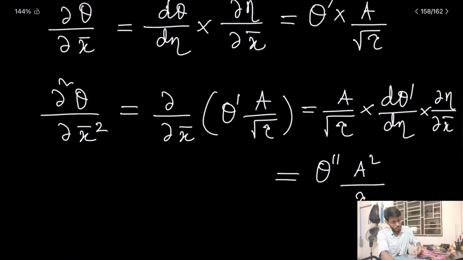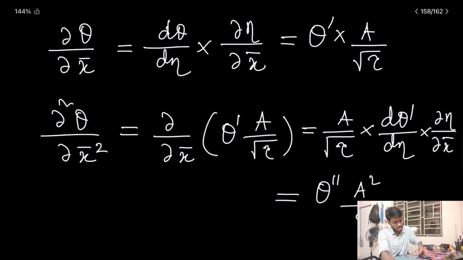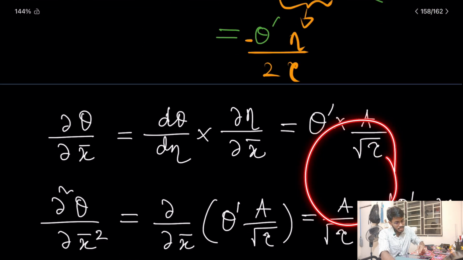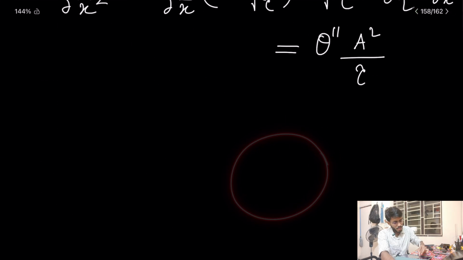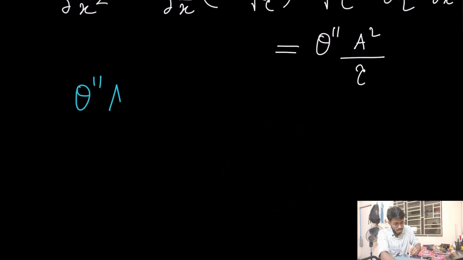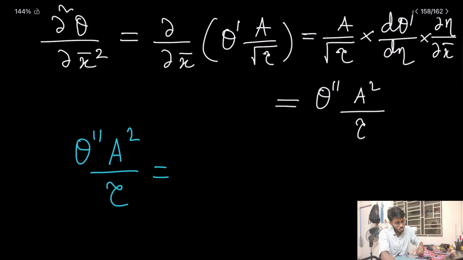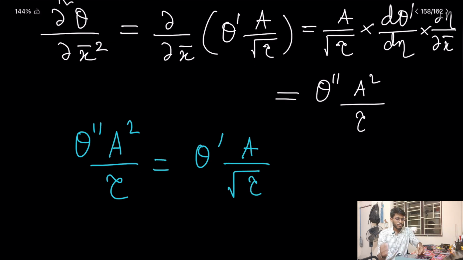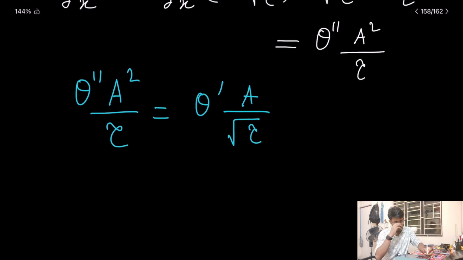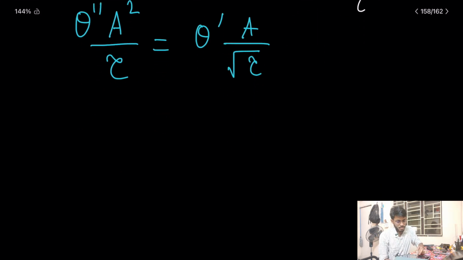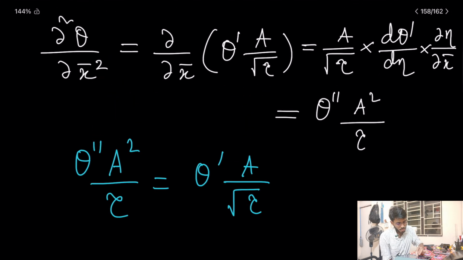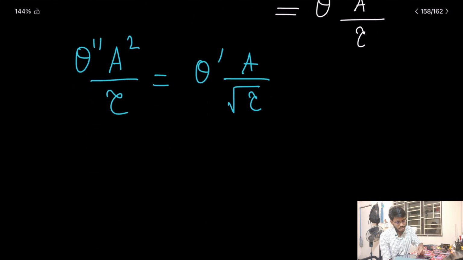So now if I equate these two, I will have this is equal to this. So that will be theta double dash into a square by tau is equal to theta dash into a by root tau. Clear? Okay, then I can cancel them out.